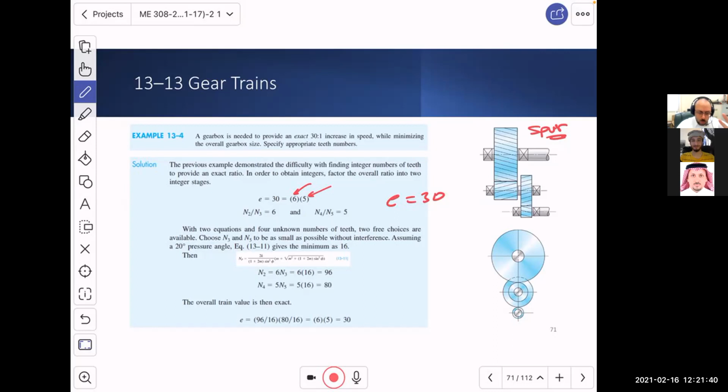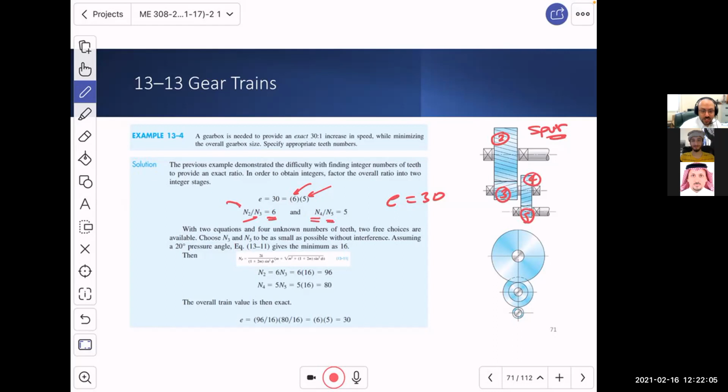So we assume that this is 2, this is 3, this is 4, and this is 5. So N3 over N2 is equal to 6. And we assume that N5 over N4 is equal to 5. Now, look what happened.